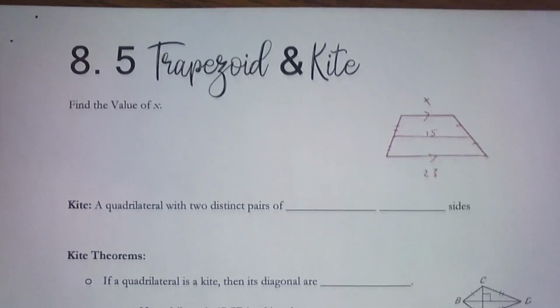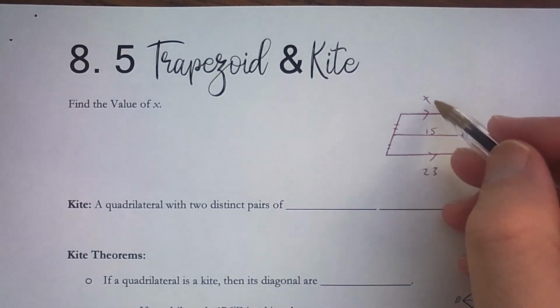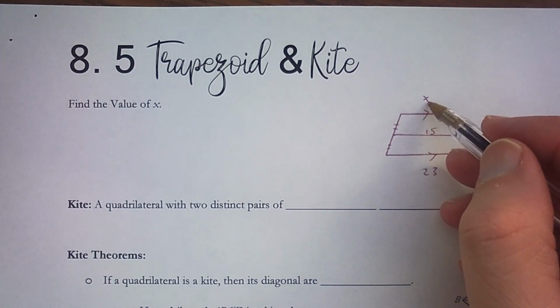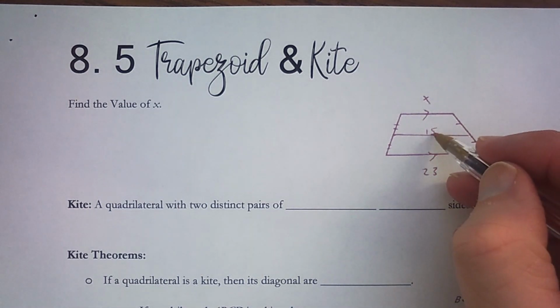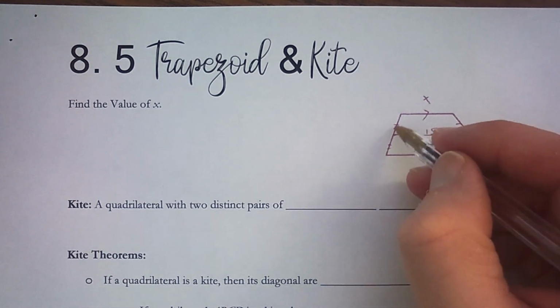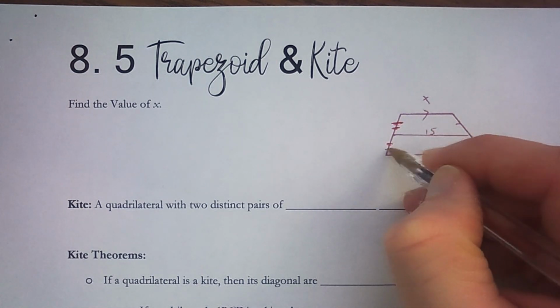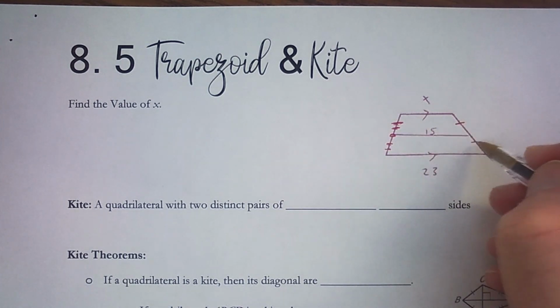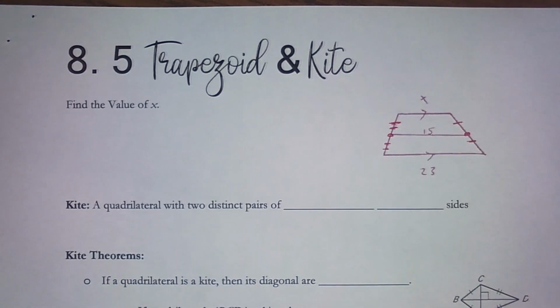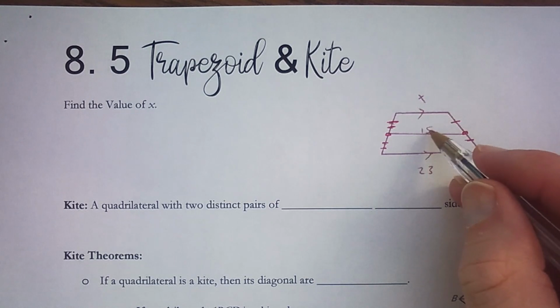Our last problem about midsegments here: find the value of x. Now I know 15 is part of a midsegment because these tick marks tell me that's a midpoint. These tell me that's a midpoint right there. So I know this is a midsegment.